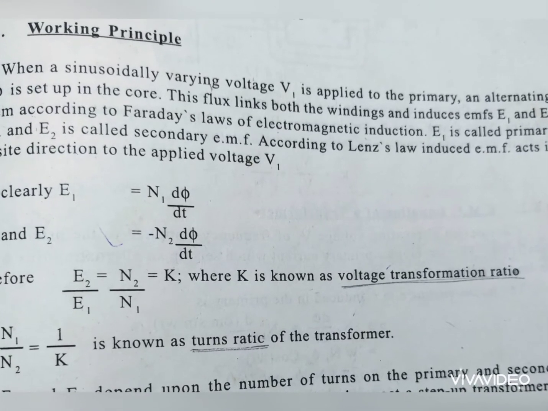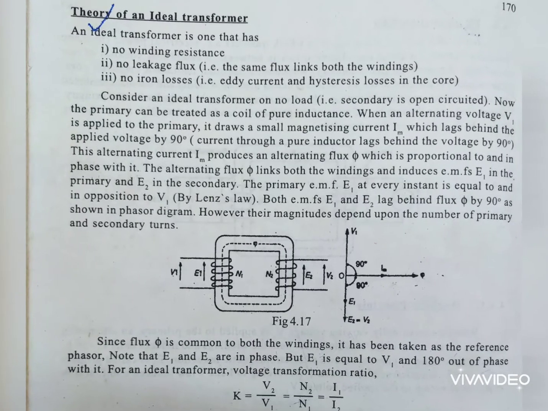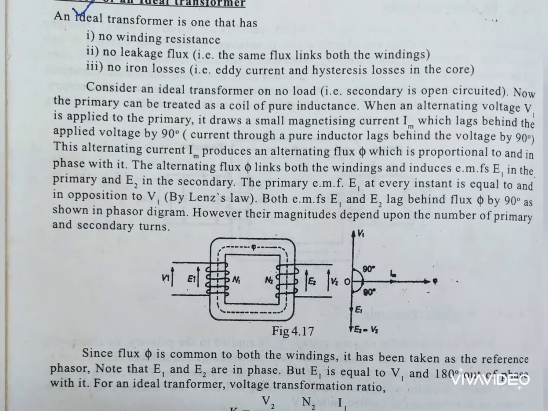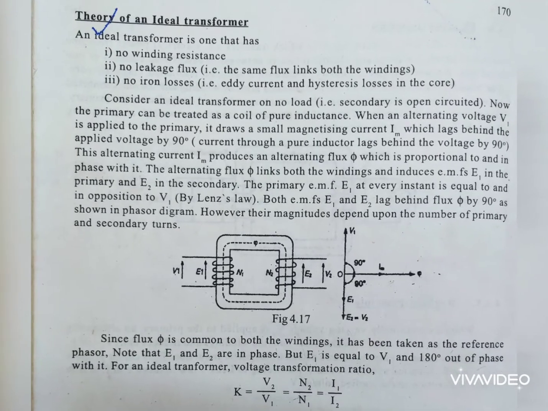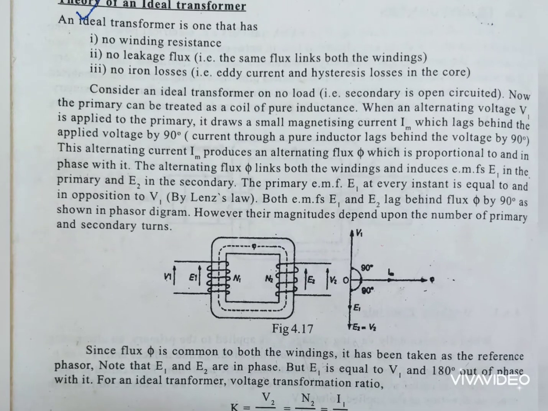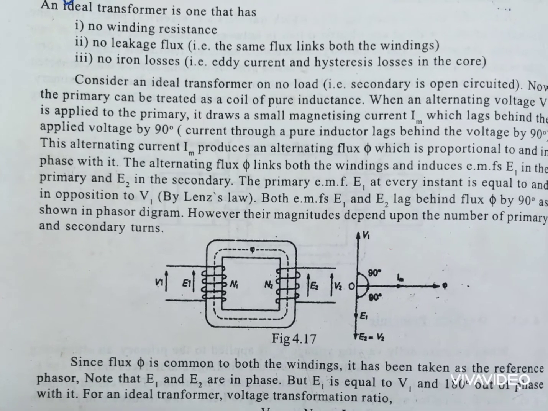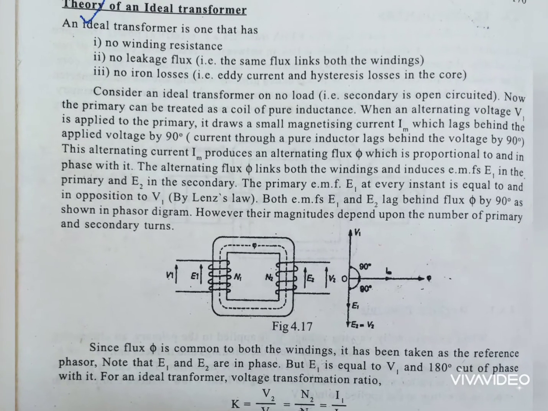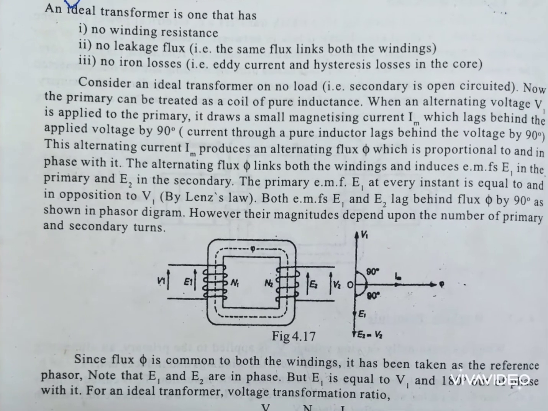So for the ideal transformer on no load, that means the secondary is open circuited, now the primary can be treated as a coil of pure inductance. When an alternating voltage V1 is applied to the primary, it draws a small magnetizing current Im, which lags behind the applied voltage by 90 degree. This alternating current Im produces an alternating flux phi which is proportional to and in phase with it.